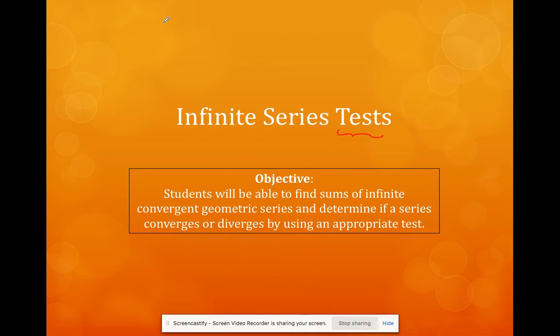And what I mean by that is we have asked you to find sums of infinite convergent geometric series, right? We've asked you to do that already, but what if it's not geometric and I want to know if it converges?